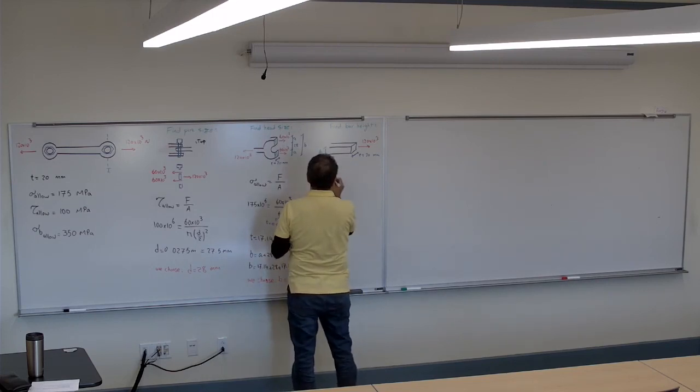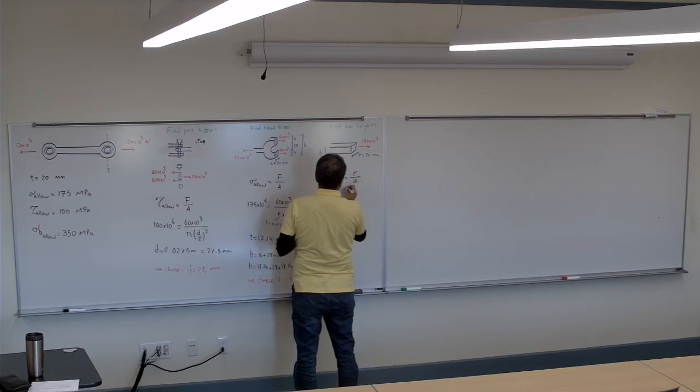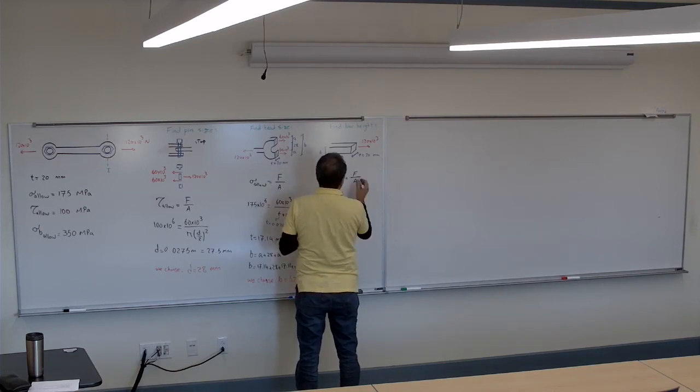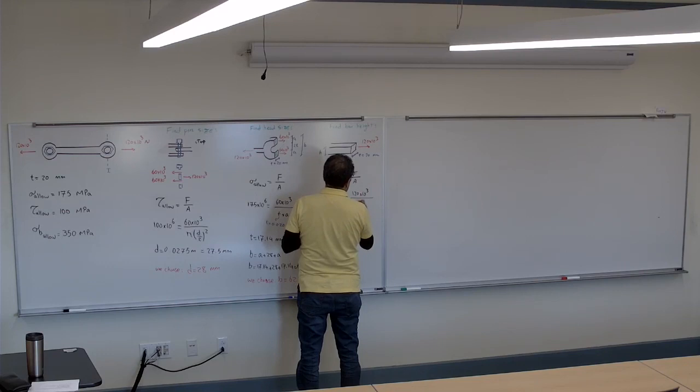The allowable sigma we have is the force divided by area, so 175 equals the force, that is 120, divided by T times H.